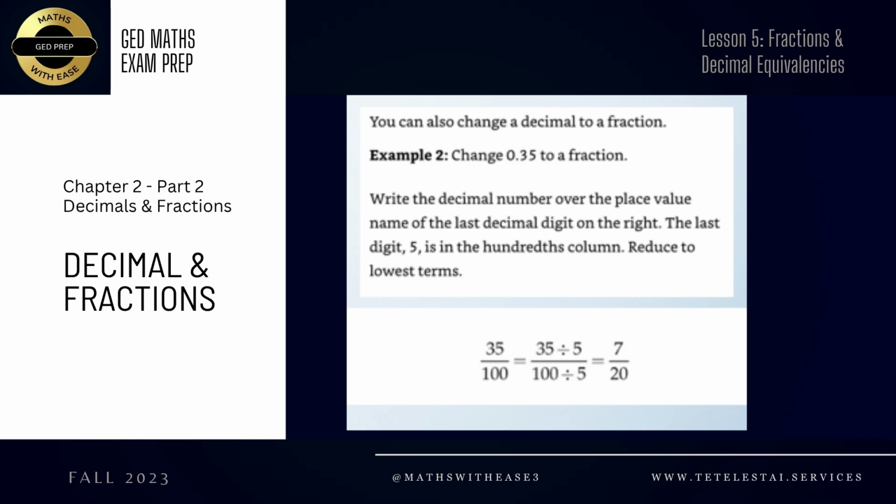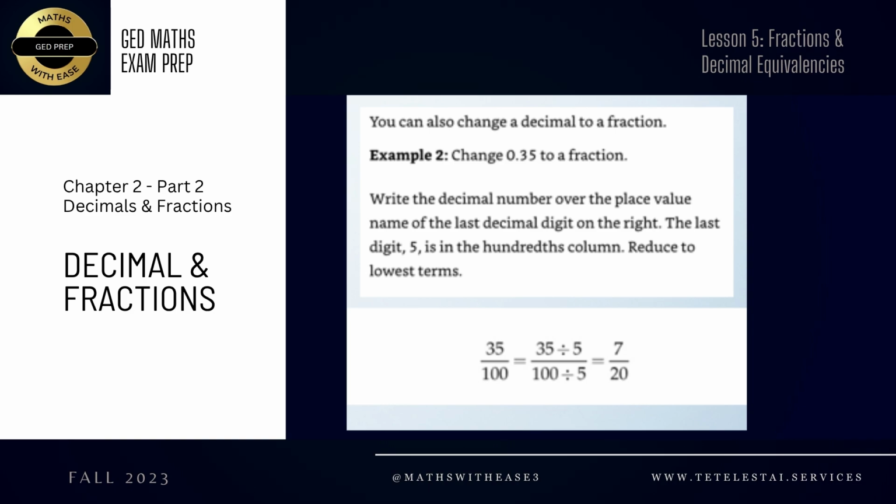You want to start by writing down the decimal number over the place value name, which in this case is hundredths, since 5 is in the hundredths column.